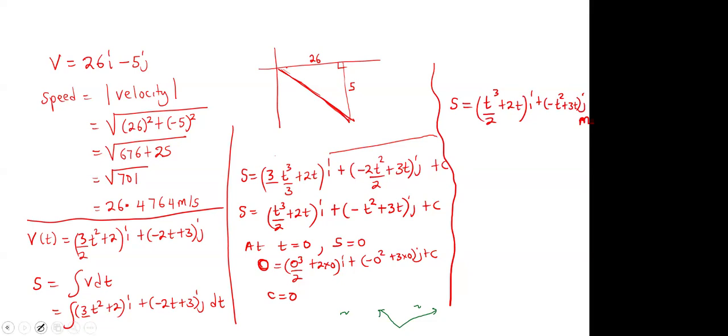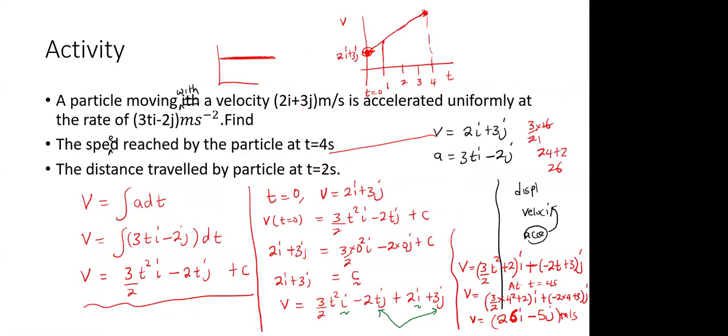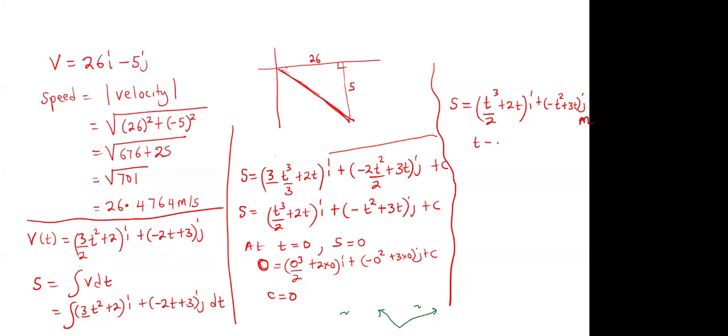Now, they told us that they want the distance when t is equal to 2. So we first find the displacement. For t equals 2 seconds, we substitute. So we shall have S equals 2 cubed out of 2 plus 2 times 2, i, plus negative 2 squared plus 3 times 2, j.